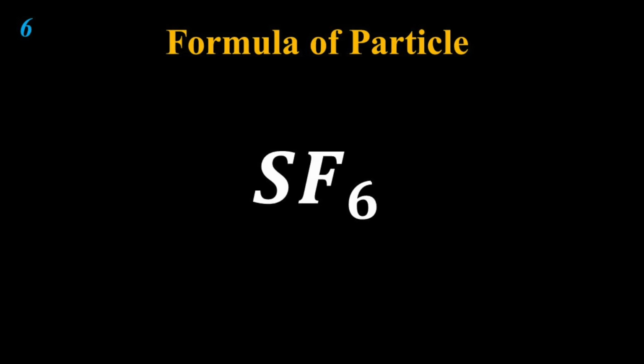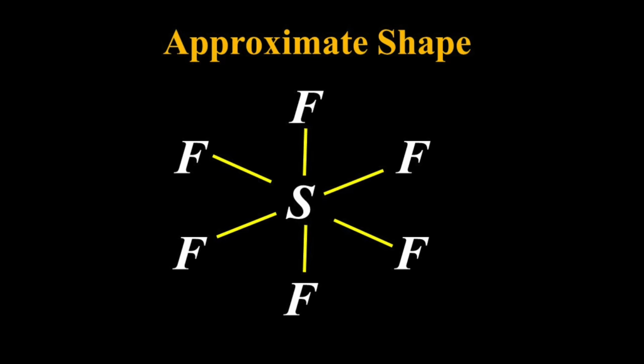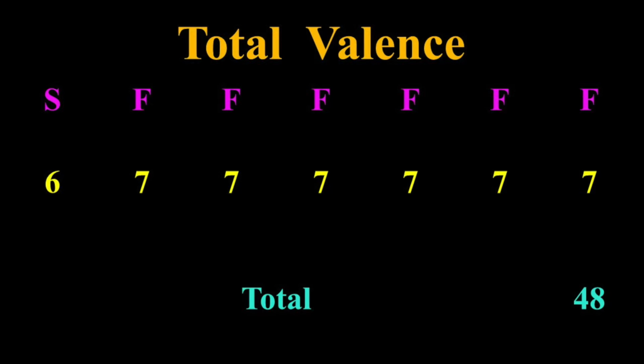Now let's do sulfur hexafluoride. So I'm going to have 6 bonds, and it's going to look like that. I'm not very good at art, so that's what I'll do. And if you look closely, you can kind of come up with a geometry, I suppose. So I'm going to have 48 total electrons, which is amazing, really.